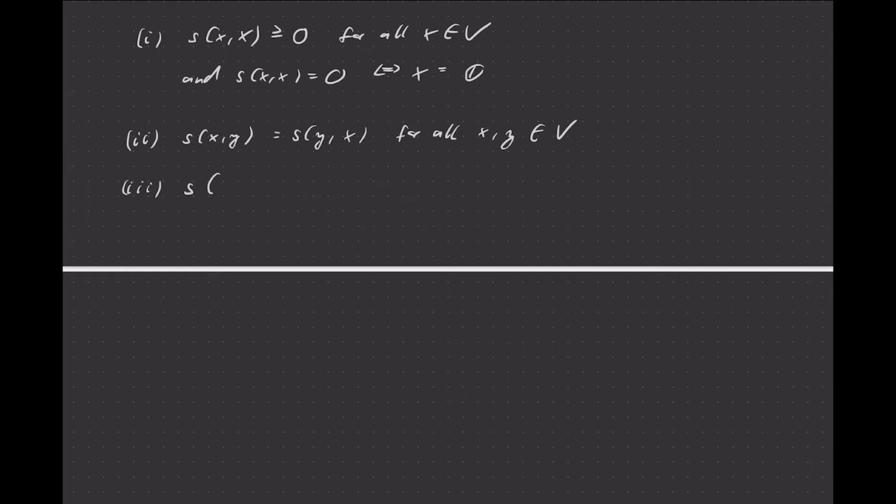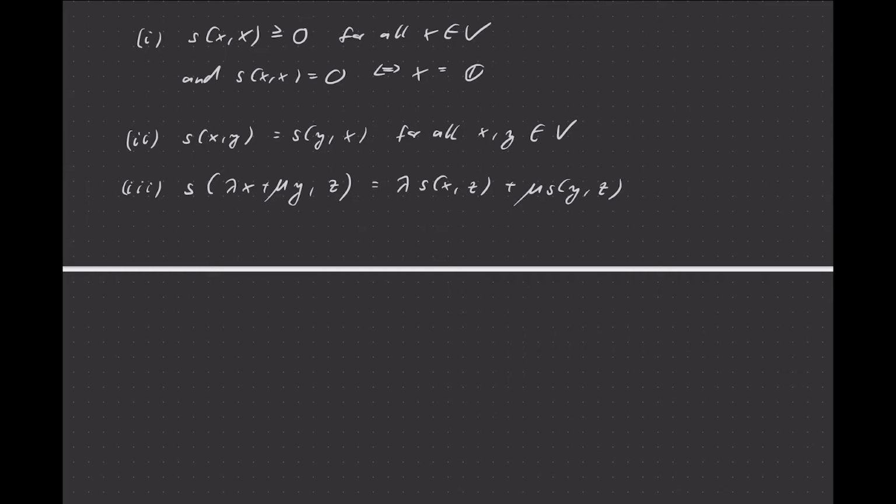So, expressed as a formula, we want S of lambda x plus mu y, comma z, so the scalar product of a linear combination of x and y with some vector z, we want that to be the same as, and now we just keep that z fixed and just apply linearity with respect to that first argument here. And that yields lambda S of x and z plus mu S of y and z.